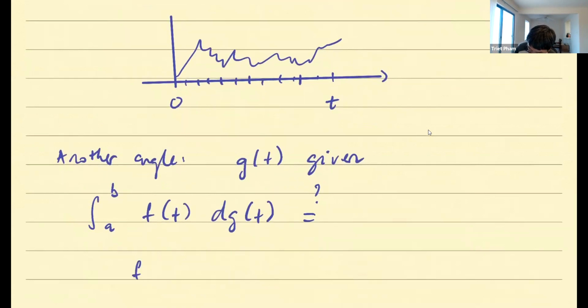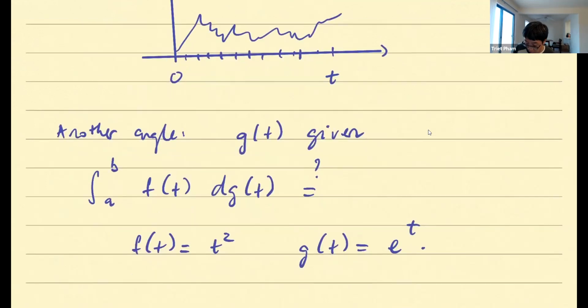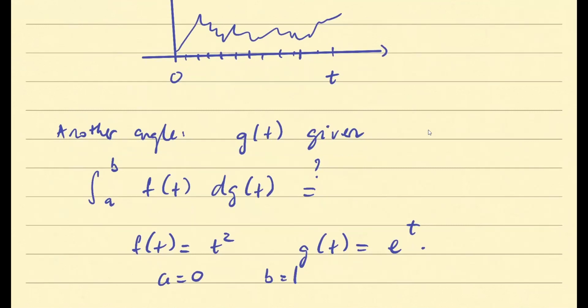For example, let me give you something to easily imagine. Like this. Do you have any idea of how you would go about doing this? Approximately. And let's say a equals 0, b equals 1. We're going to need to first calculate f of t times dg of t, and then the integral.